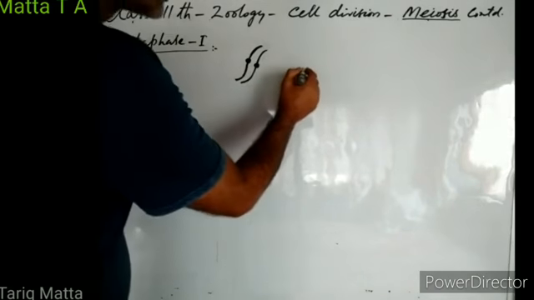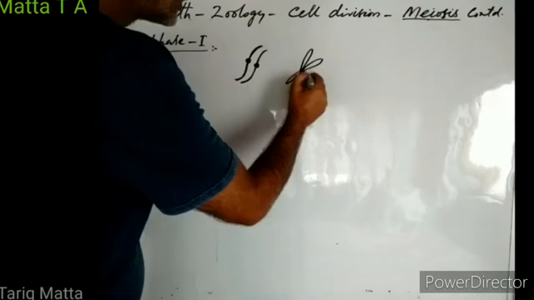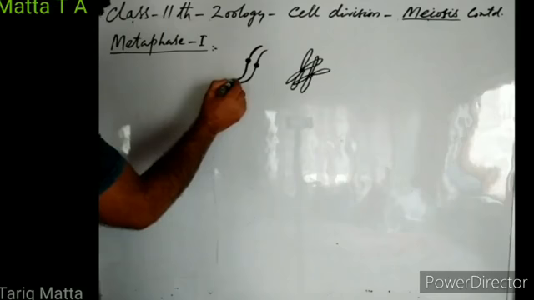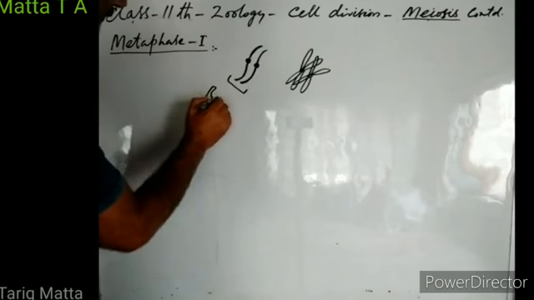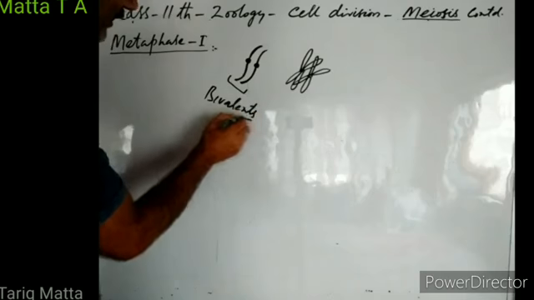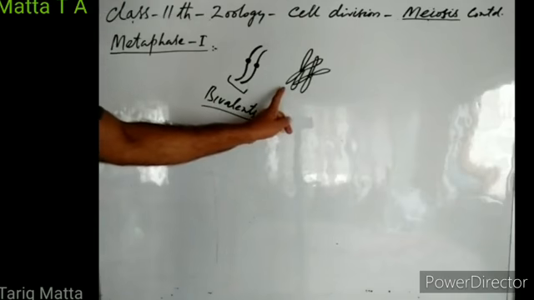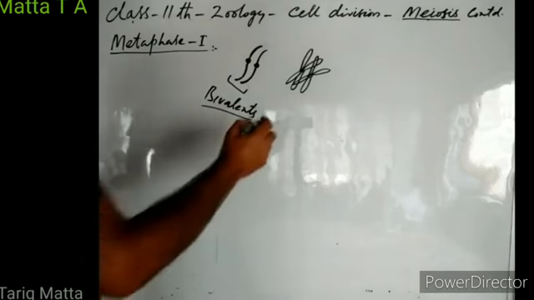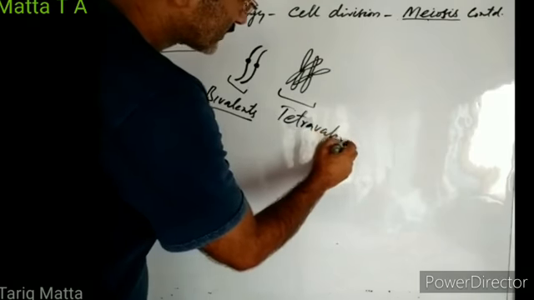Now in pachynemia, the sister chromatids of these homologous chromosomes are visible. Those whose sister chromatids were not visible were known as bivalents. Now in pachynemia, we can clearly see that there are four sister chromatids in these two homologous chromosomes. Now we call them tetravalents.